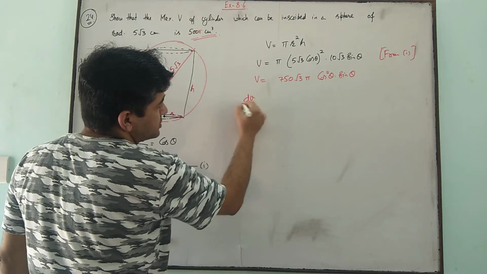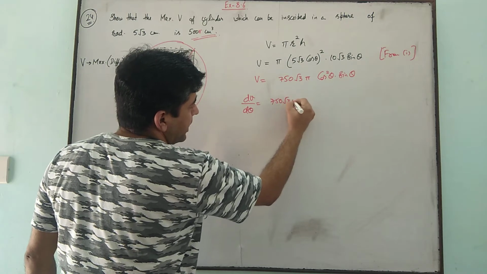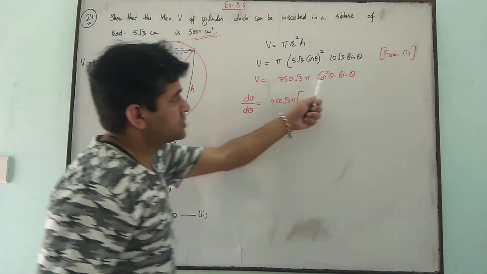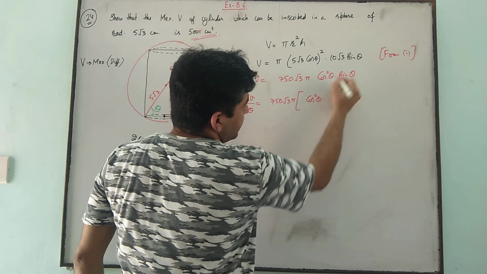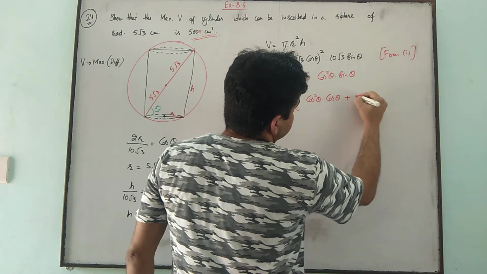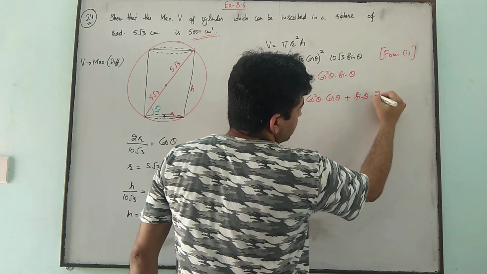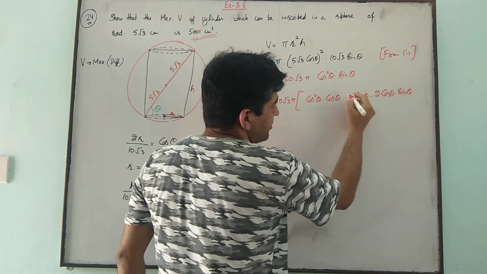Differentiated with respect to theta: 750 root 3 pi, cos square theta into sin theta, u into v. Cos square theta as it is, derivative of sin theta is cos theta, and sin theta as it is for cos square theta, 2 cos theta into minus sin theta.